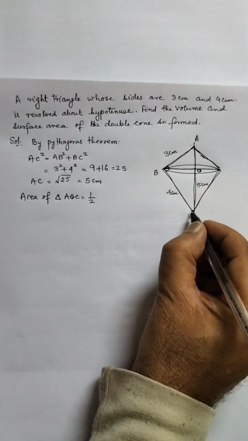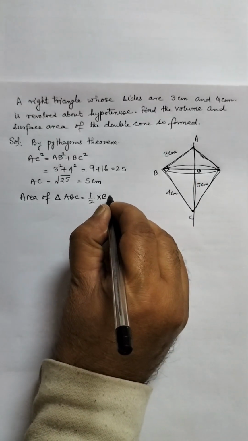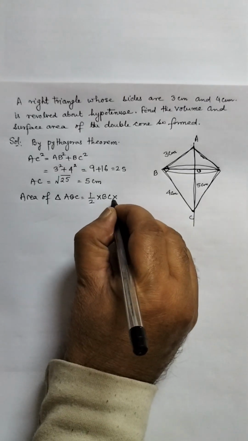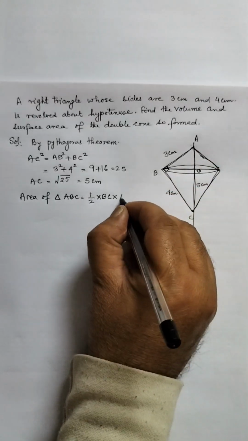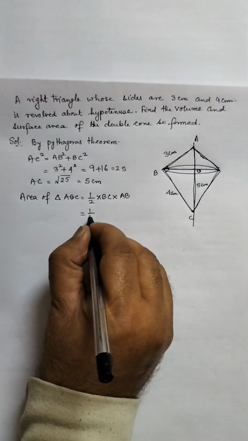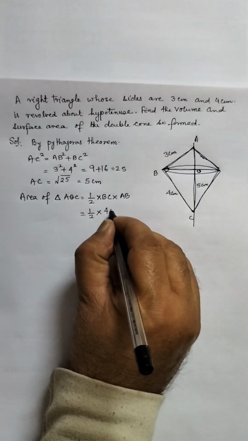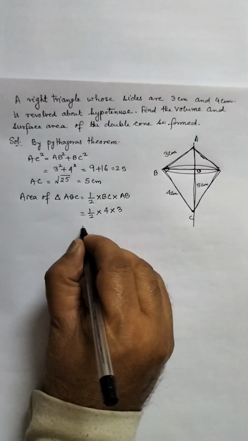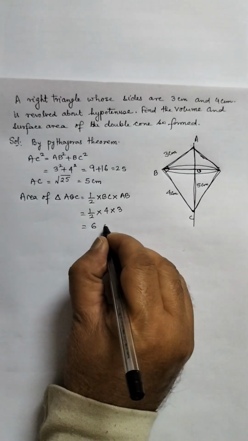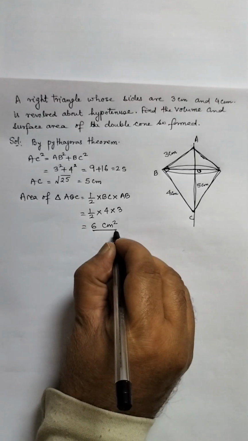I am taking BC as base, half into BC into the height AB. This will be 1 by 2 times BC is 4 and 3, which gives you 6 centimeter square. This is the area of the triangle.